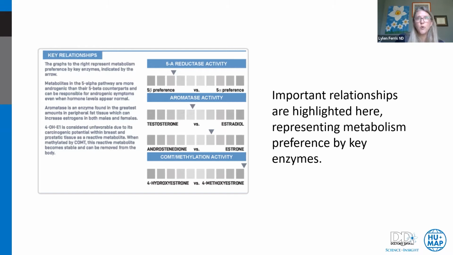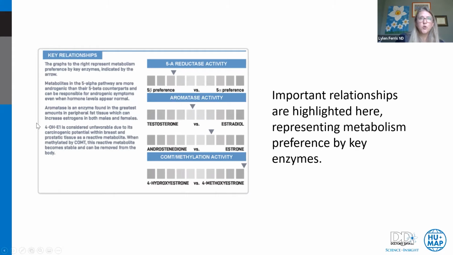Even when hormone levels appear normal, we can have more 5-alpha activity, and that can be helpful to know because of those androgenic functions. So here we can see the patient is trending more towards 5-beta, so that would be a positive finding. We can also monitor aromatase activity.